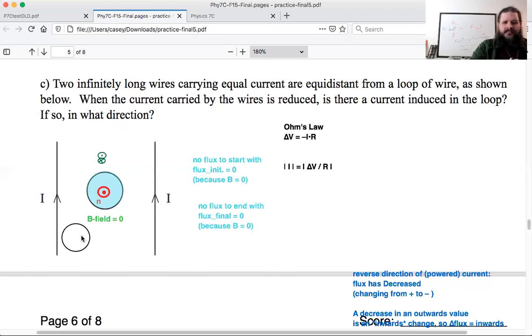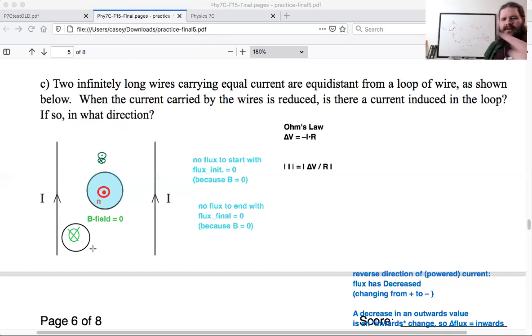So then what direction might the induced current be in that situation? Well, let's check. If we're closer to the left wire, we're going to have an inwards magnetic field, meaning we may as well also choose an inwards normal vector. And is the flux getting stronger or weaker? Weaker.